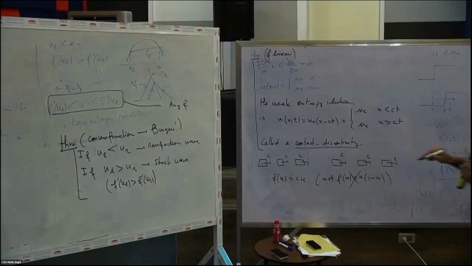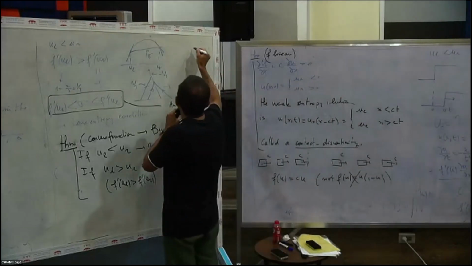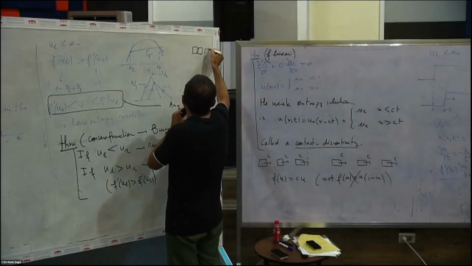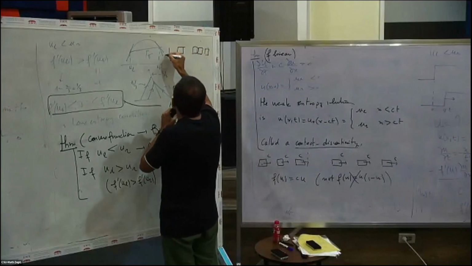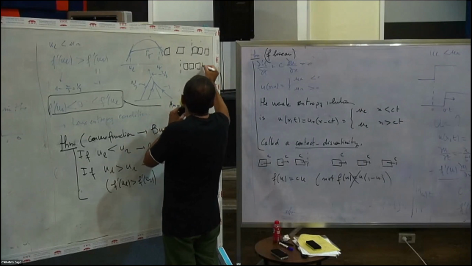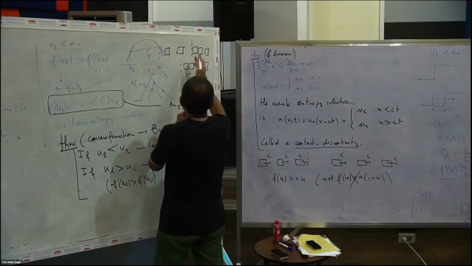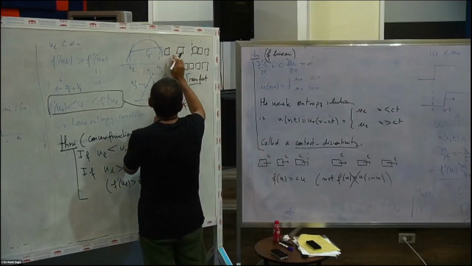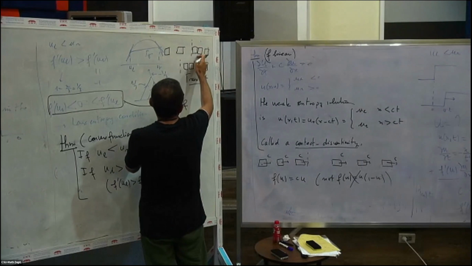Remember, when first they were like this, the others are coming, but after this one, the discontinuity is here, and after, the discontinuity is here. So there is some transfer.